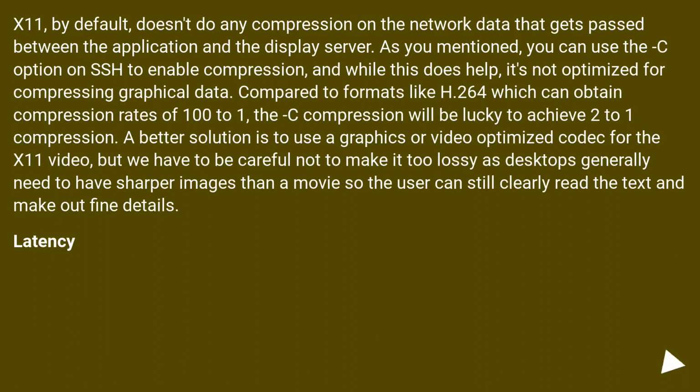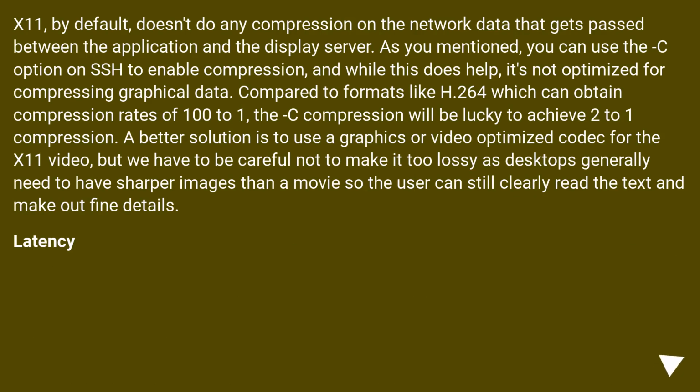X11, by default, doesn't do any compression on the network data that gets passed between the application and the display server. As you mentioned, you can use the -C option on SSH to enable compression, and while this does help, it's not optimized for compressing graphical data.